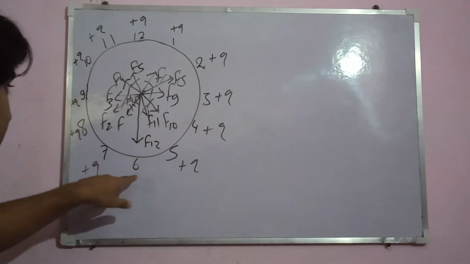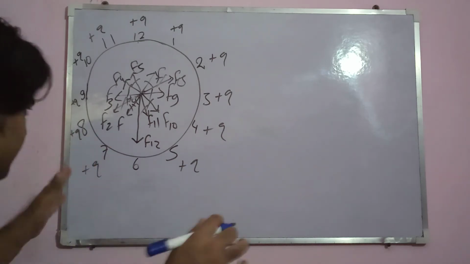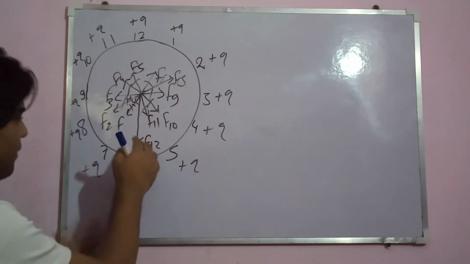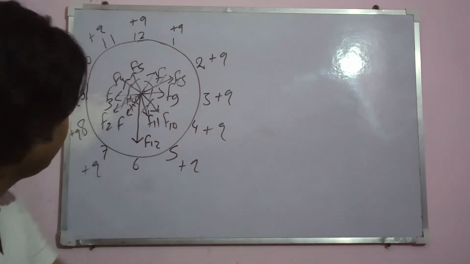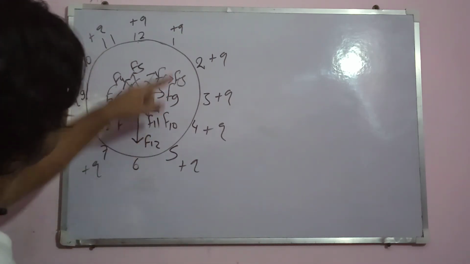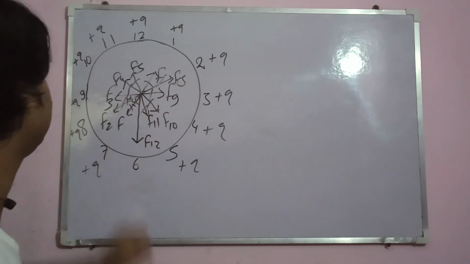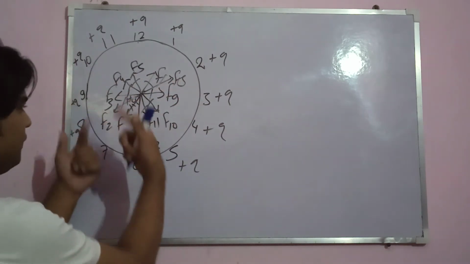But there is no opposite charge at 6. And hence, we conclude that only this force is the resultant here. This force survives. So we can say that the force over plus Q by this setup is just equal to the force by this missing charge, but opposite to it.